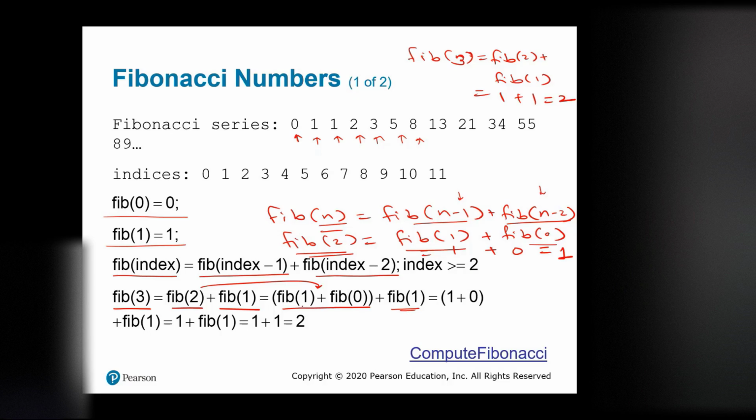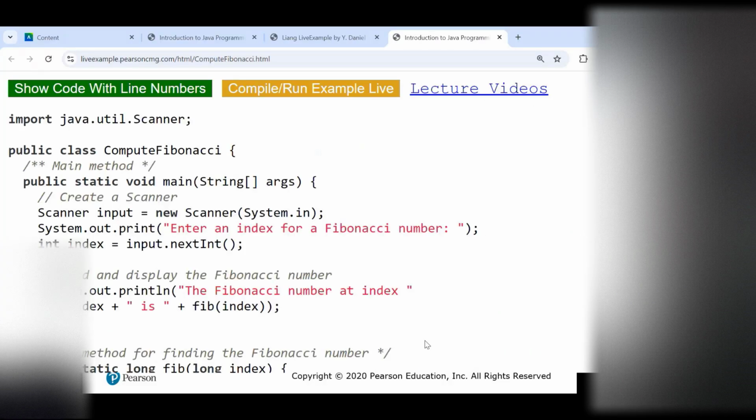Now we have reached a point where we have three base cases, and we are going to substitute the values of Fibonacci. 1 is 1, 0 is 0, and 1 is again 1. So that will be 1 plus 0 plus Fibonacci of 1. So this is 2.